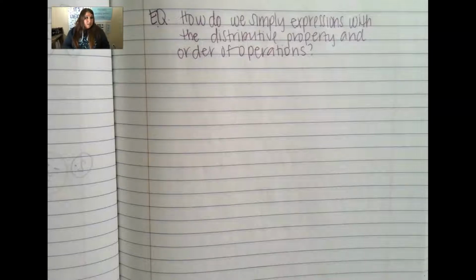So first, let's take a look at some problems that we might encounter as we solve these problems. So the first problem that I would like to look at is this one.